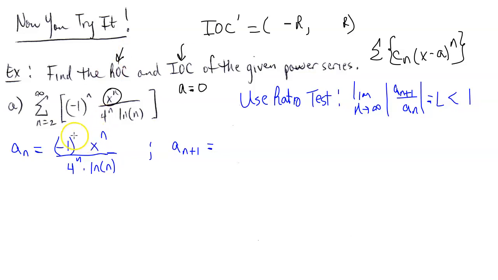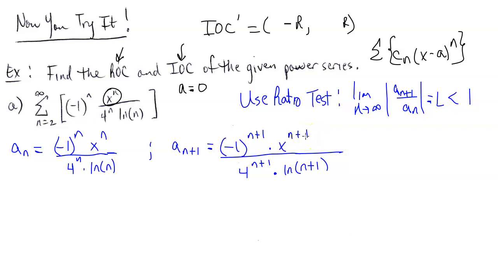So here we'll say negative 1 raised to the n plus 1 times x raised to the n plus 1, all over 4 raised to the n plus 1 times natural log of n plus 1.